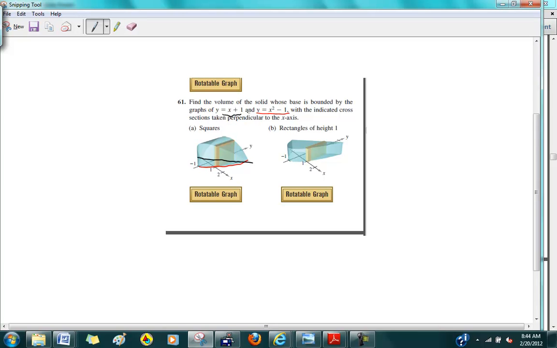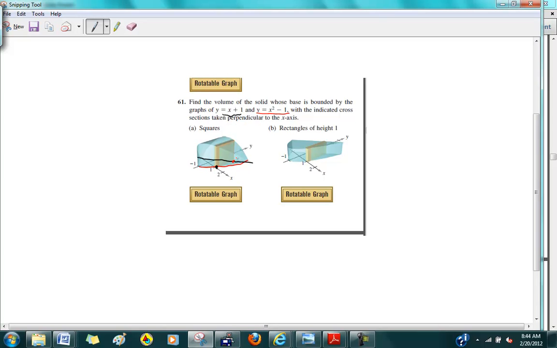And so if you take a look at the cross section, it ends up having one point on y equals x squared minus 1. The other point is out here, on the line y equals x plus 1.